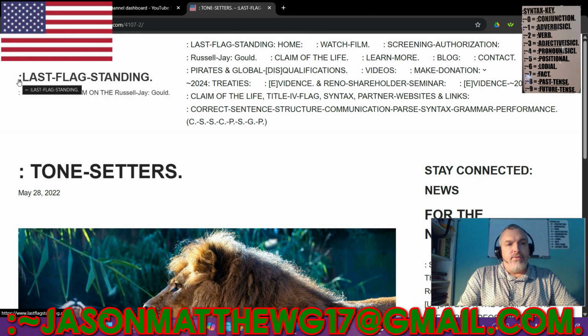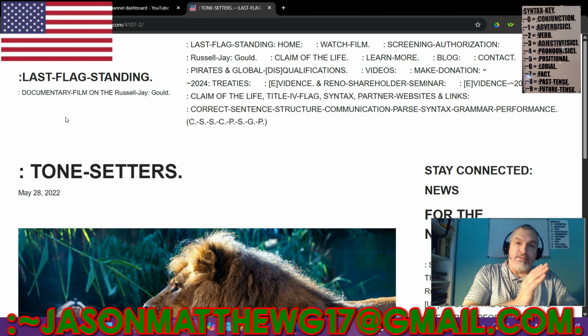This colon represents the positional for, the for the last flag standing, period. But then directly below it, we have a colon space documentary-film, which represents of the, which is not correct, because every correct sentence structure must start with for the in order to maintain the mathematical interface.